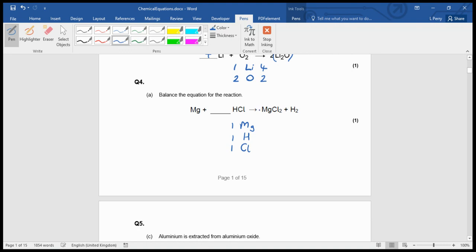On the right-hand side, I've got 1 Mg, I've got 2 Cls, and I've got 2 H's. Now where I can see my imbalances, I need double the amount of hydrogens and chlorines. I can do that in one go. If I put a 2 there, that's the same as if that was in a bracket, remember? I've got 2 lots of hydrogens and 2 lots of chlorines.